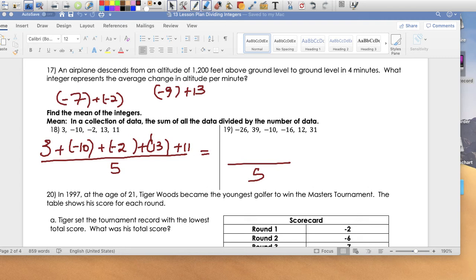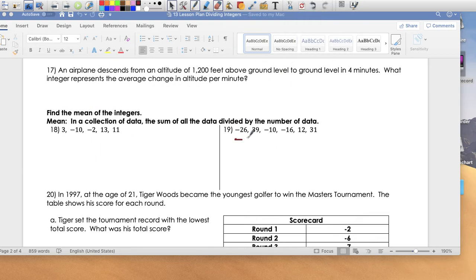I'm just going to erase this because there should have been no brackets. Oh, this gets confusing. So -9 plus 13, there's more positive. It's going to be 4. And then 4 plus 11, right? We got 4, and then plus that 11 equals 15. So the whole top gives you an answer 15. And what's 15 divided by 5? It's 3. So the mean, the average in here is 3.